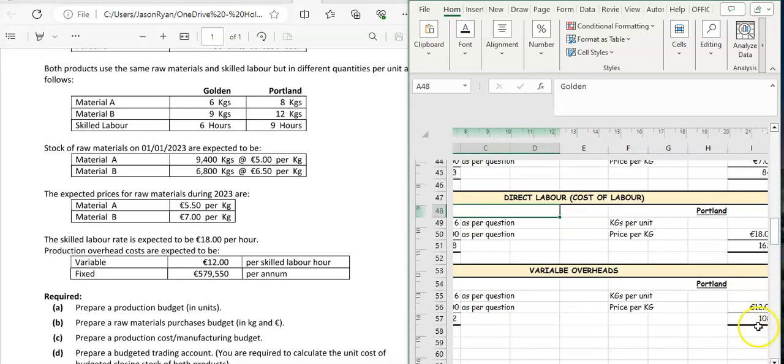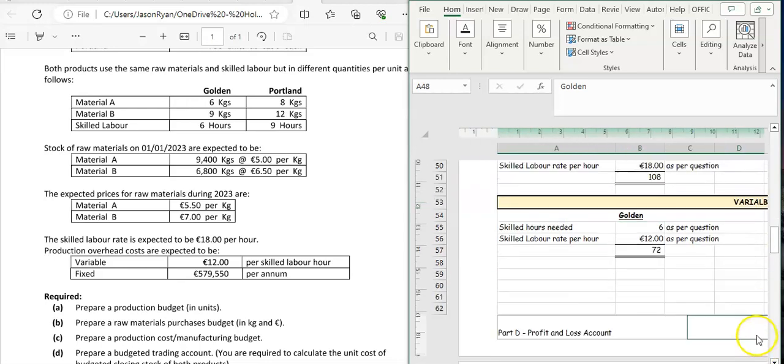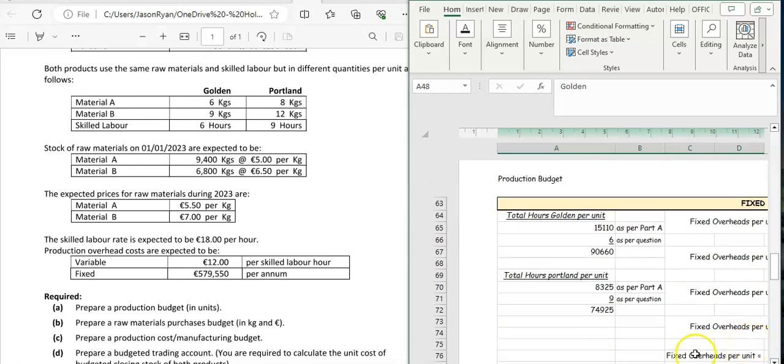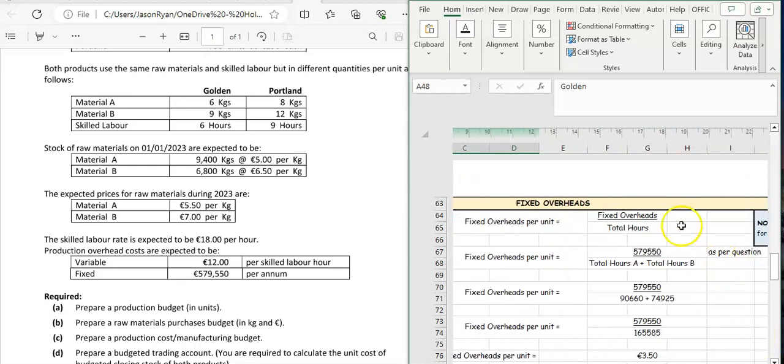Sorry, now I just need to find some figures here. So the formula to find out the fixed overheads per unit is your fixed overheads divided by your total hours. Our fixed overheads are 579,550. That's taken from here.